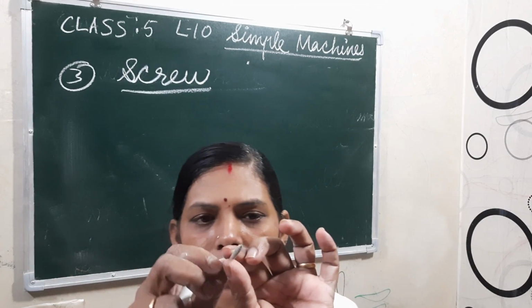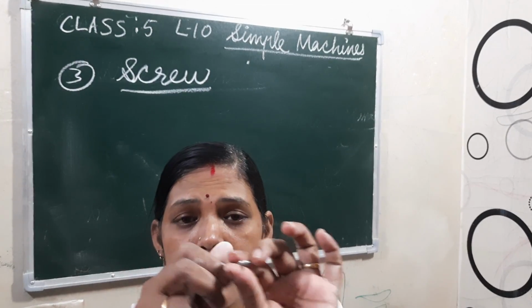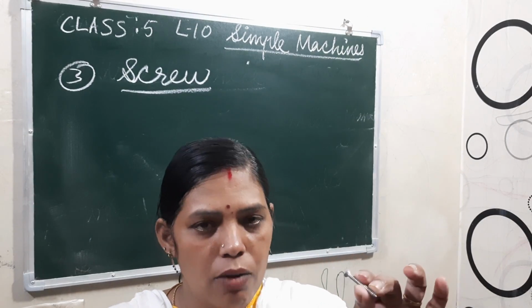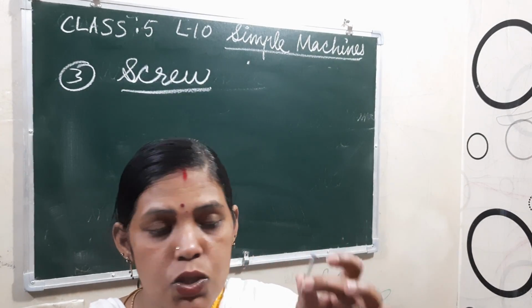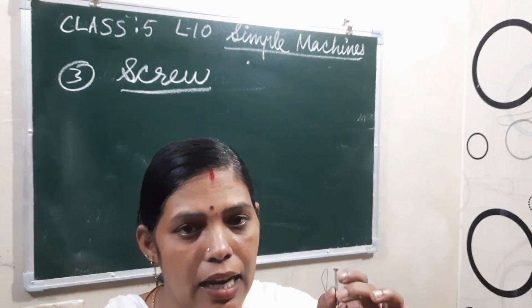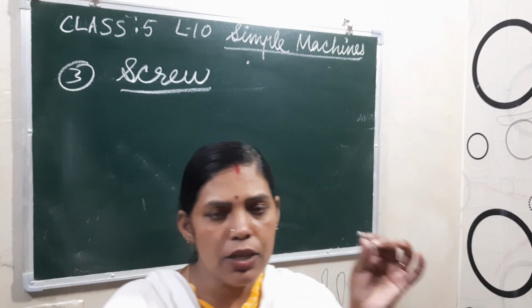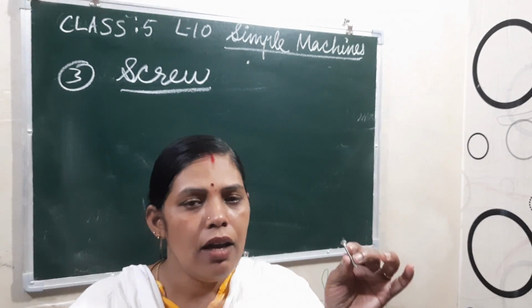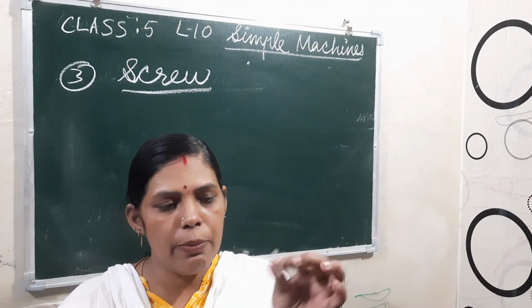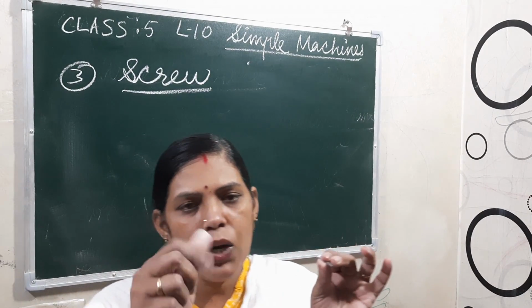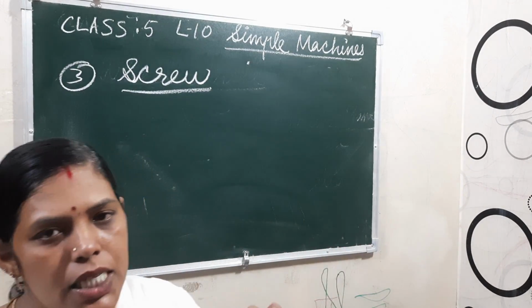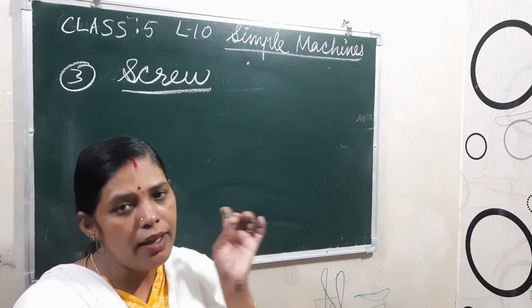When it rotates, it moves like this and goes inside the wall. But there is another one, a plain one, known as a nail. Sometimes it cannot go deeply inside and may come out easily, but this one, with the grip, will not come out easily. It is used for holding things.